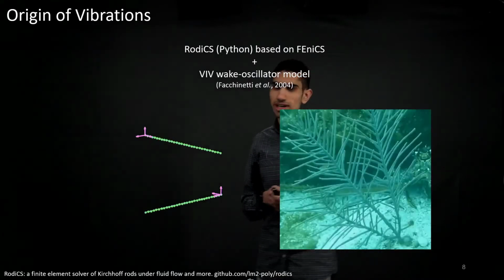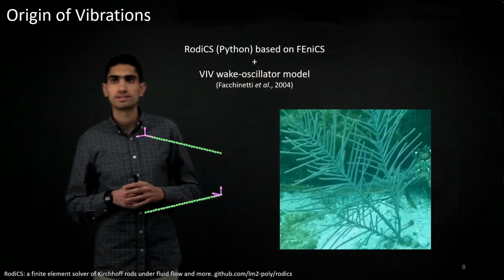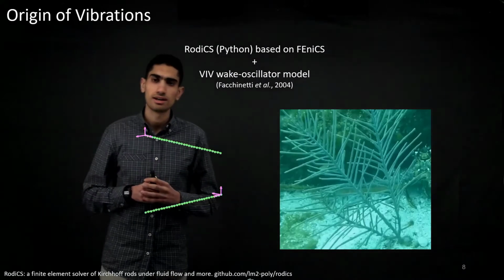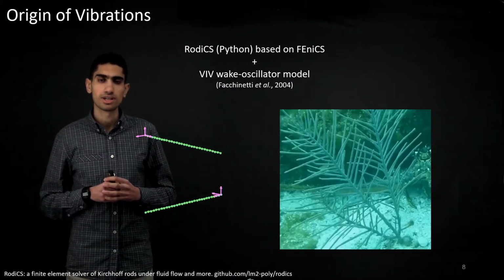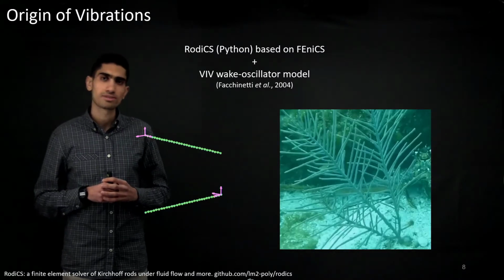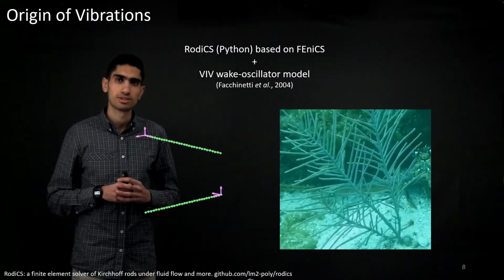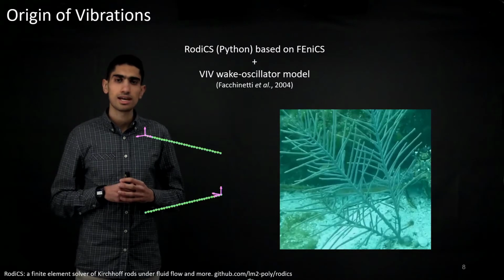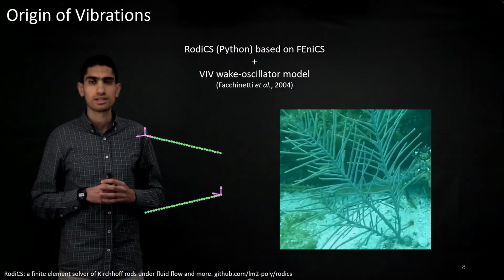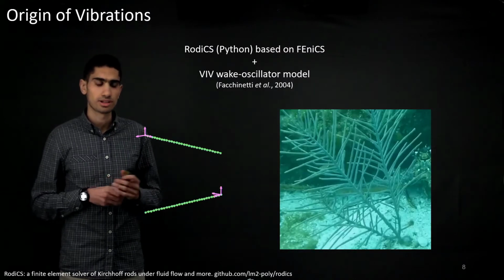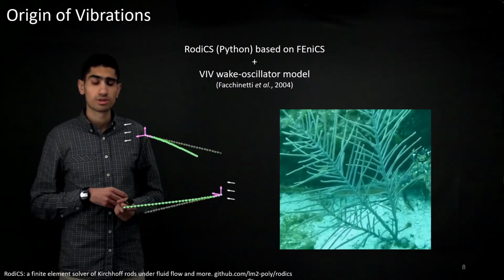To verify our hypothesis, we simulated the motion of an elastic rod subjected to VIV. For that we wrote a Python code based on the finite element platform FEniCS, and we implemented the wake oscillator model proposed by Facchinetti and colleagues, which is a very well-known model in FSI. The results are the following.